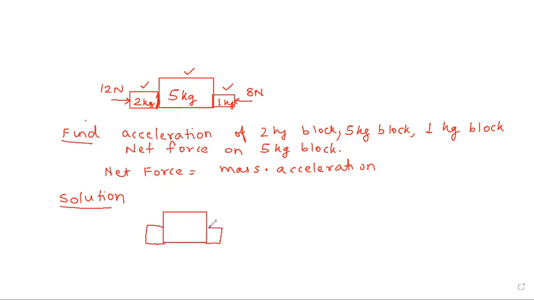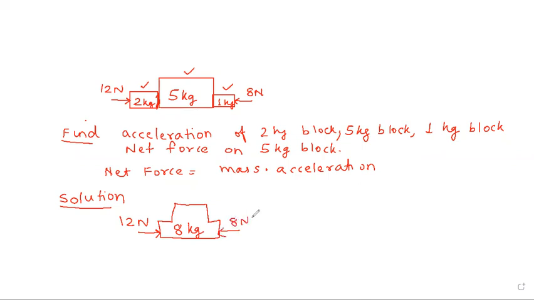We can consider that this is sort of a common block, and the mass of this is 8 kgs. Now I will draw the free body diagram for this. So this is 8 kgs, an entire block, and this is 12 newtons and this is 8 newtons.